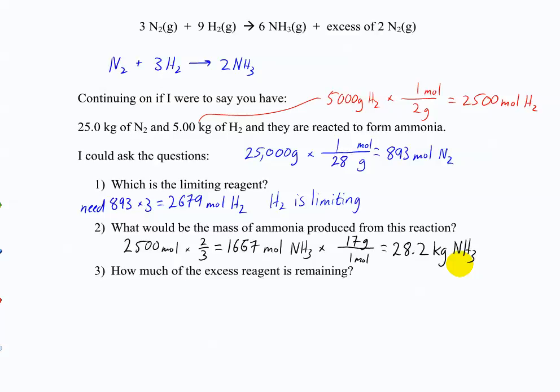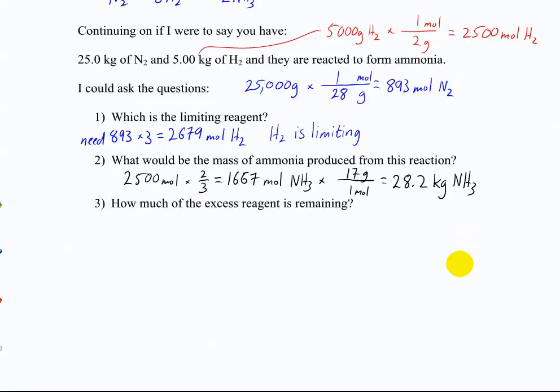All right. And then finally, we could ask how much of the excess reagent is remaining. So which one is in excess again? Nitrogen was in excess. Do we know by how much? We can figure it out, right? How do we figure that out?